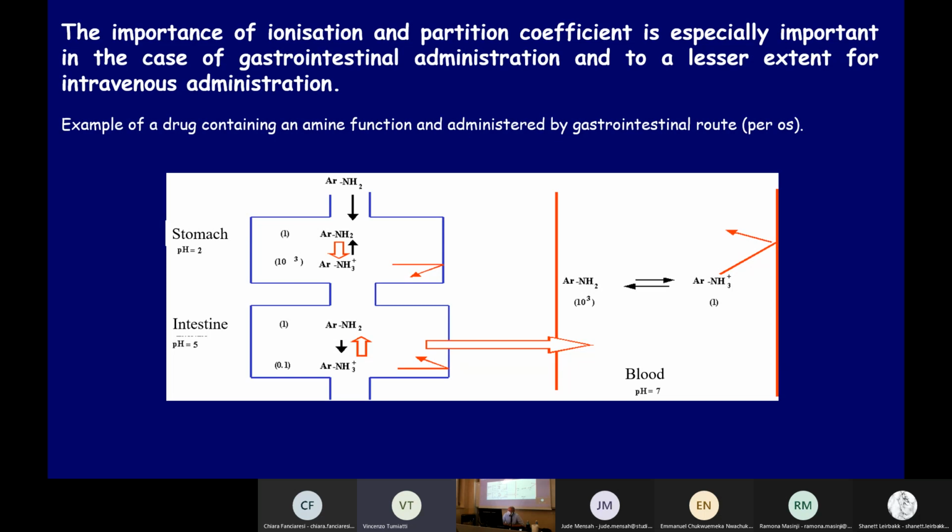So when your basic drug is in the blood, your drug can be distributed and can reach the target very easily. This is the situation with the basic drug.